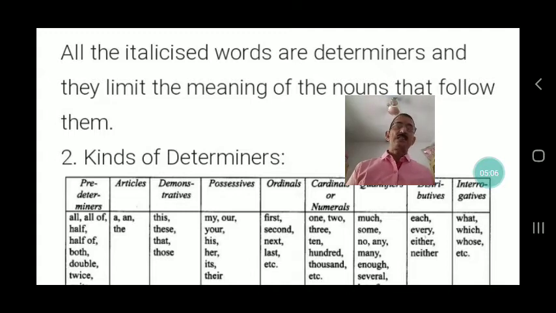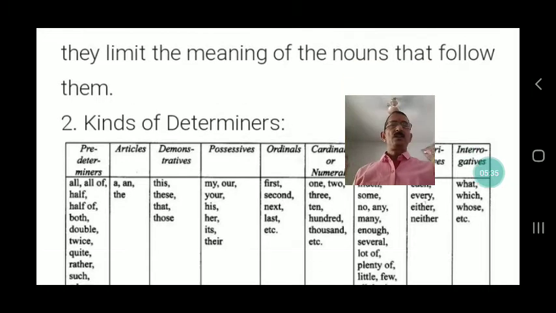In these mangoes are sweet, these is a determiner, so determiners are always used before a noun. Determiners limit the meaning of the nouns that follow them. There are kinds of determiners that must be known to you.